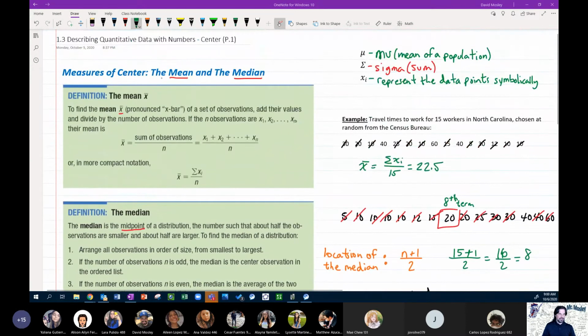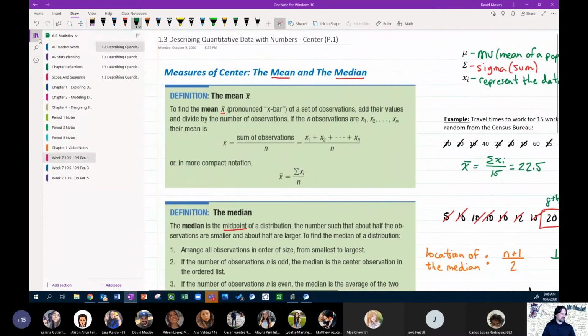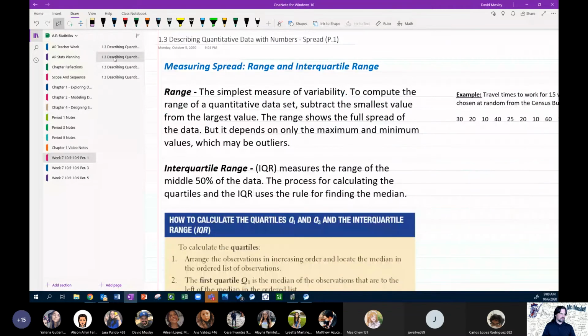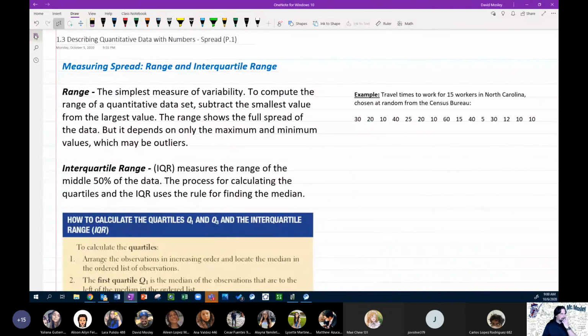Okay, so then we're going to move to the spread. To measure spread, we're going to first look at range and the interquartile range. The range is the simplest measure of variability.